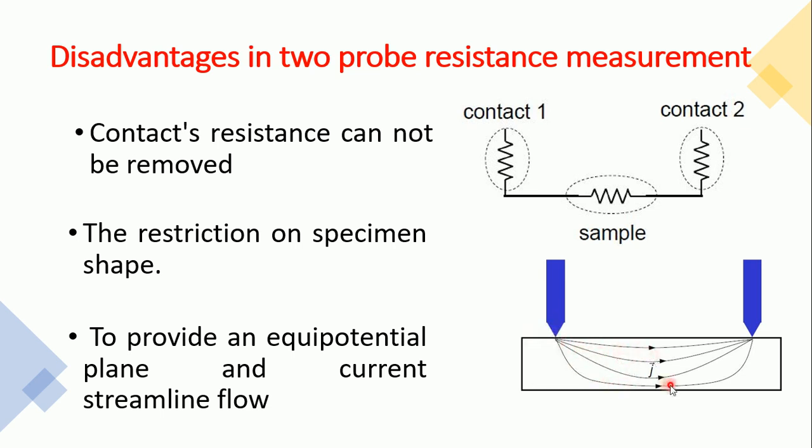Near the contacts the current density is high, so the contribution to resistance is disproportionate, because we are measuring at high current density at this point and this point as well. It is the same probe we use for sending or receiving current and for measuring the voltage. So there are three main disadvantages in two probe resistance measurement.